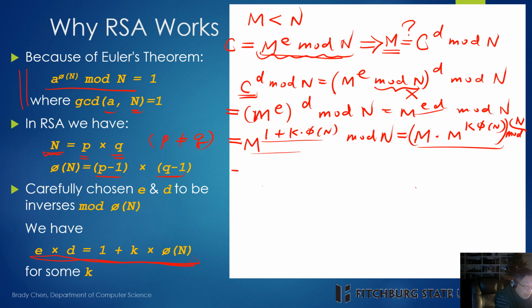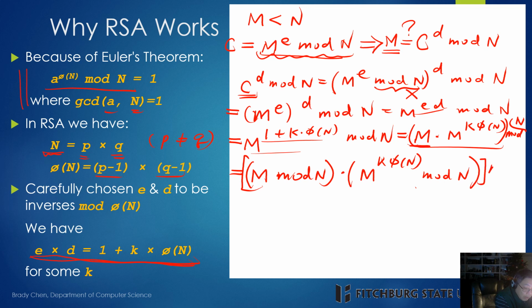The first item is m. By modular operation, we can write the first item as m mod n, times the second item, m to the k times phi of n, mod n.